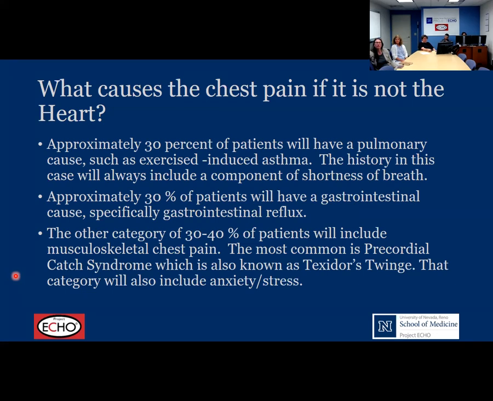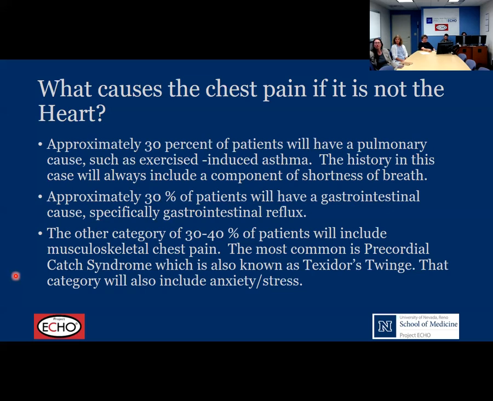And I remind them that there always is some change in the allergens around the environment, so not having had symptoms before does not mean that they don't have exercise-induced asthma. I usually quote 30% of patients will have something like gastroesophageal reflux. If any of you have ever had that, it does hurt in your chest and it's very painful.